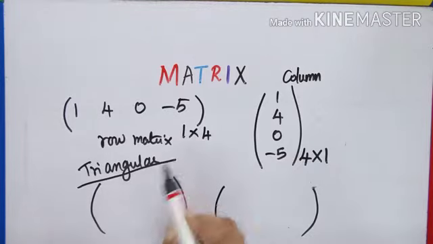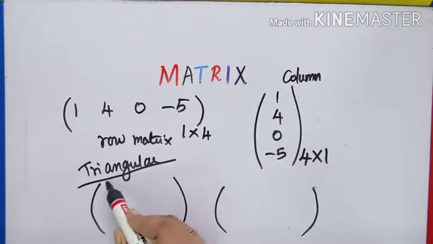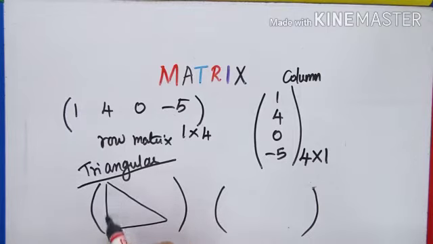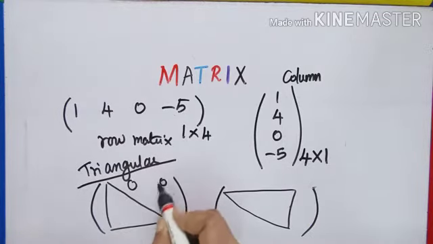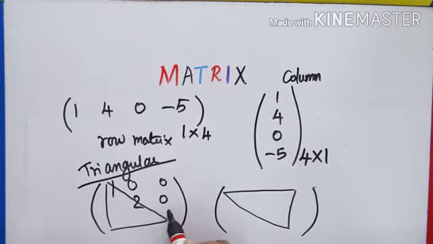Triangular matrix. The word triangular, in this way. So it may be like this or like this. Elements are present only here, and all these elements are 0. See, I can have 1, 2, 4, -3, 5, 7. Elements are present here, whereas here there are only zeros. Above the main diagonal, the entries are 0.